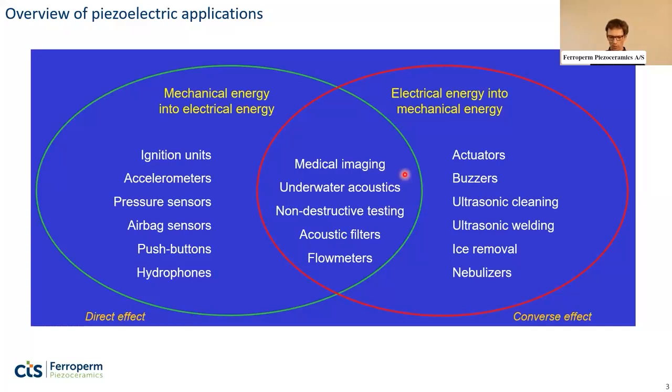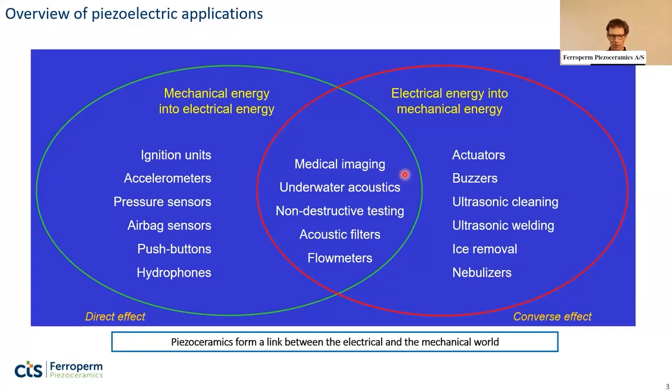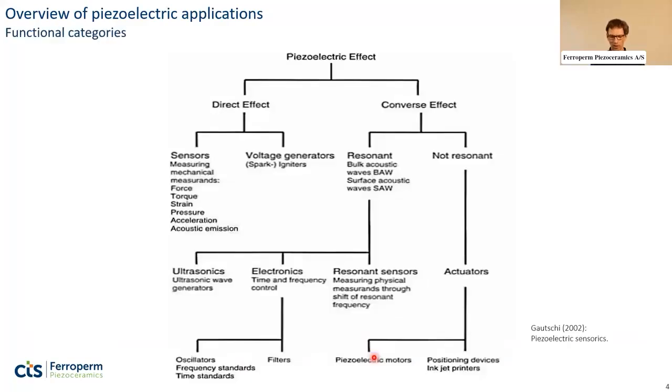Okay, let me move on. You see that the piezoelectric effect can be a link between the electrical and the mechanical world. Another overview is this one. It's a little less colorful, but it gives one extra detail: some applications are resonant and some are non-resonant.